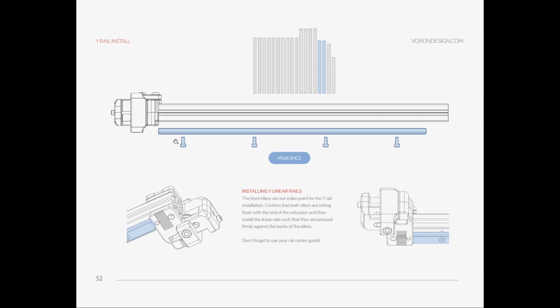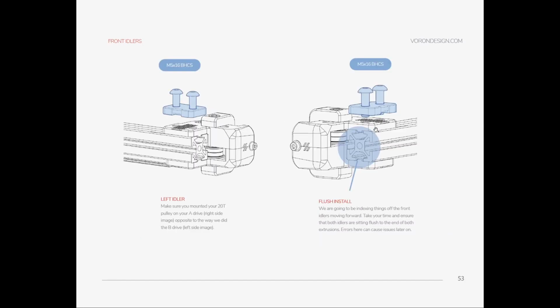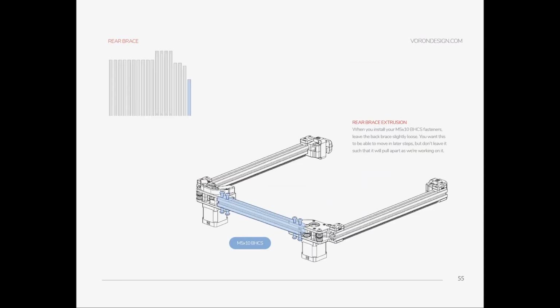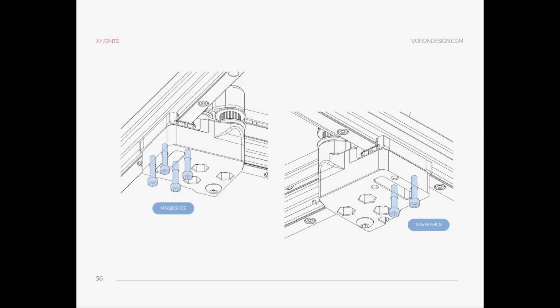Don't tighten the bolts you use to mount your idlers and AB drives on the frames, because later on you need to do gantry racking. So just leave the empty part and don't torque them yet. Same applies for these, and it needs to be flush with this part. And let's move on. Don't torque these bolts yet.